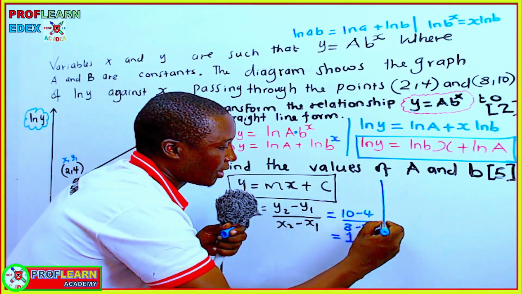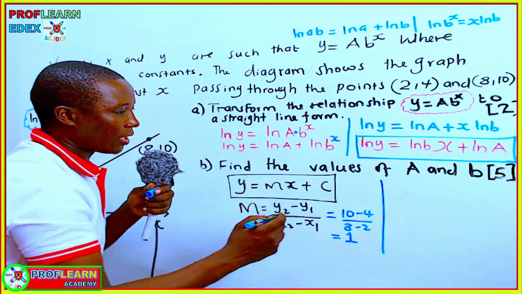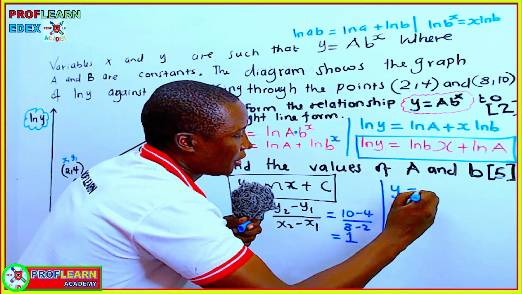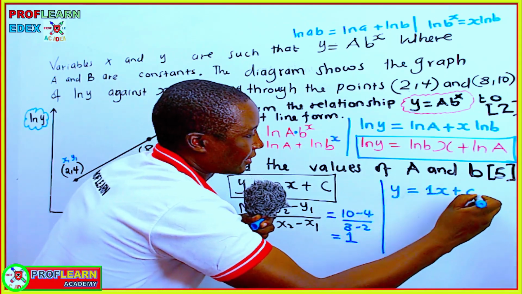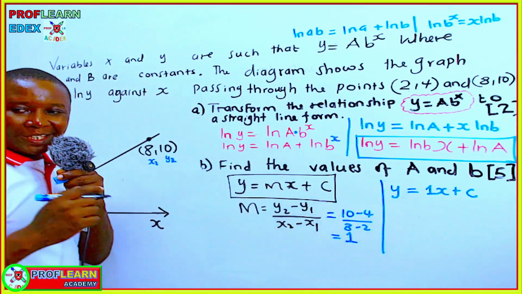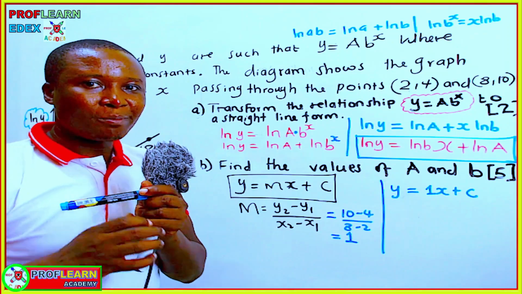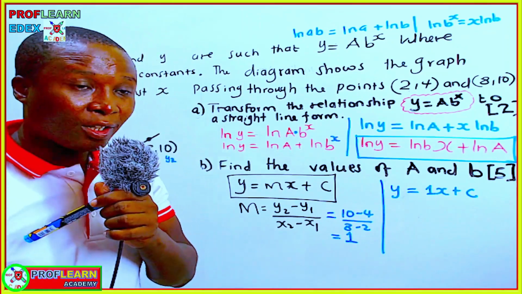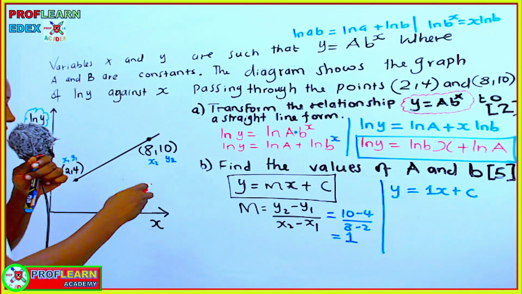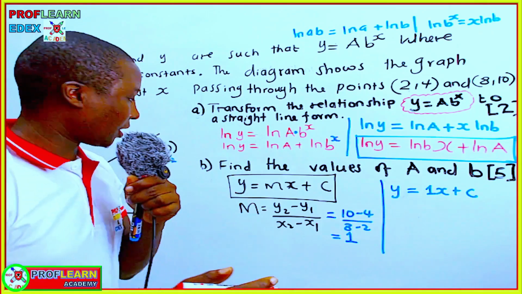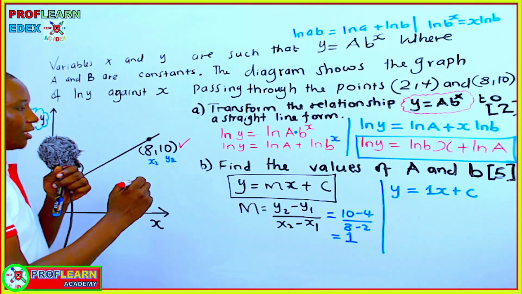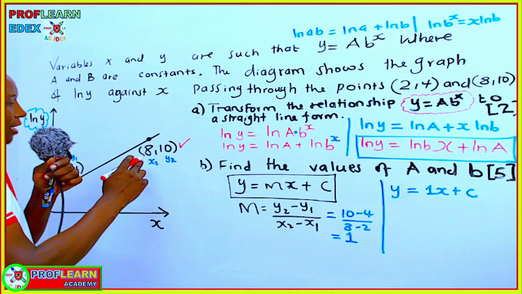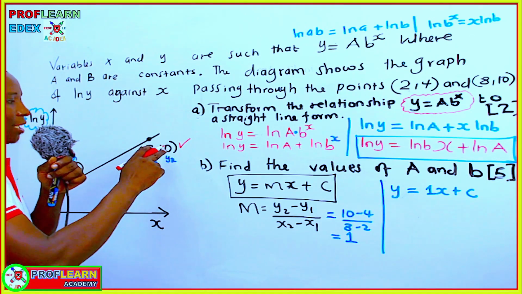So meaning that we can write this equation as y equals 1x plus c, whereby c is the y-intercept. We can use one of the points that we were given in order to find this y-intercept. So we can decide to use the point (8, 10). Under the point (8, 10), x is 8 and y is 10.